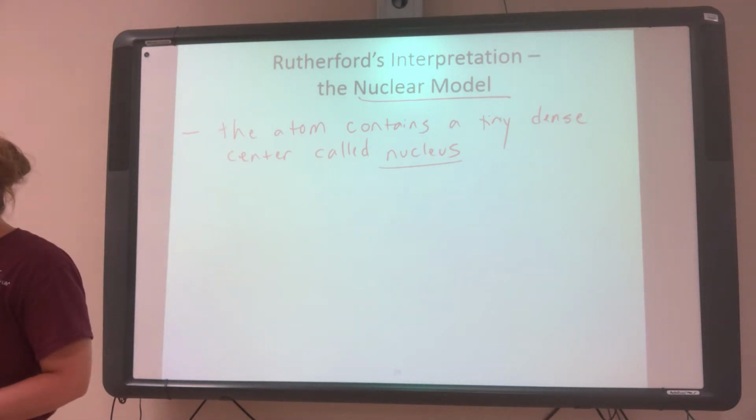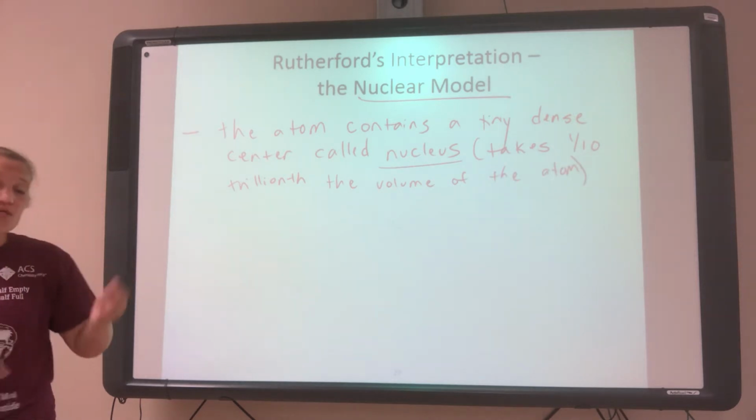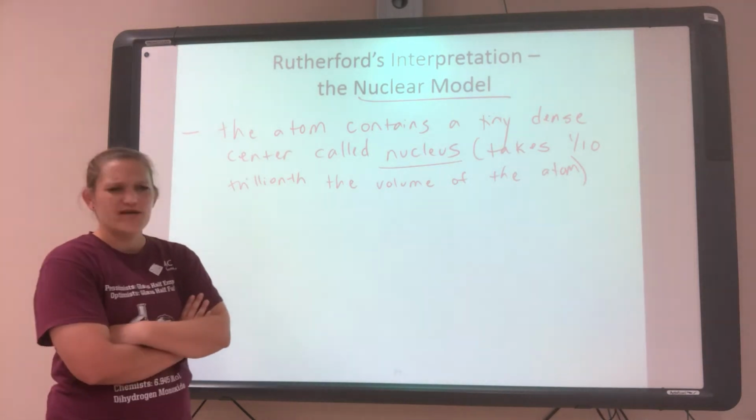And to give you an idea of how tiny this is, the nucleus takes 1/10 trillionth the volume of the atom. I've heard someone describe it before, or I think I read it in a book.